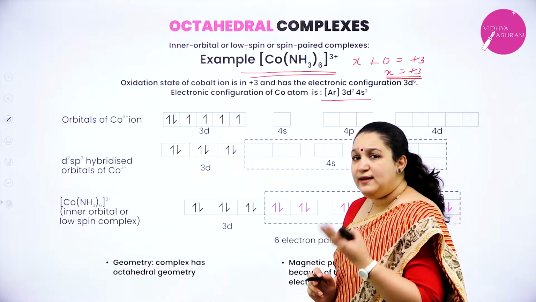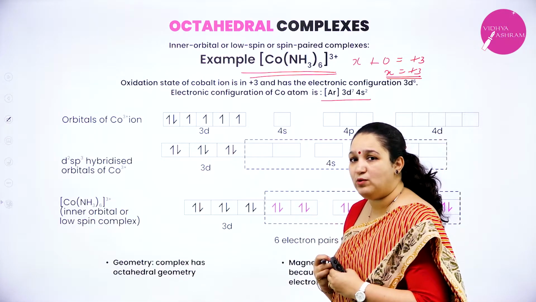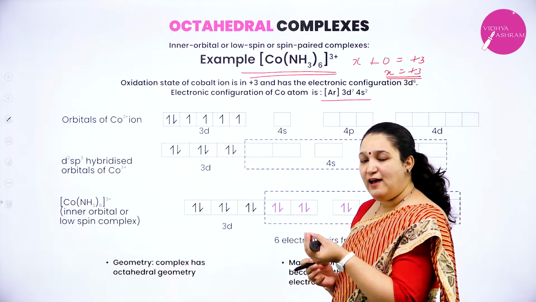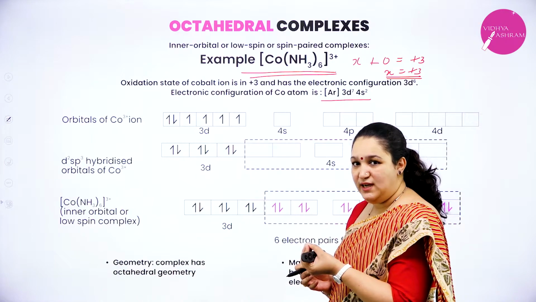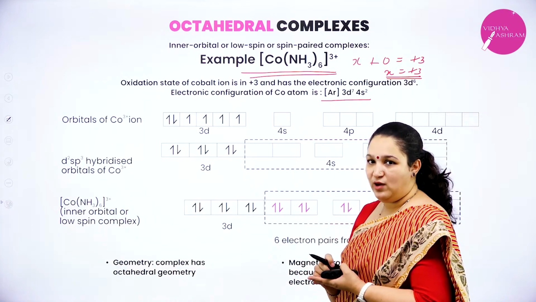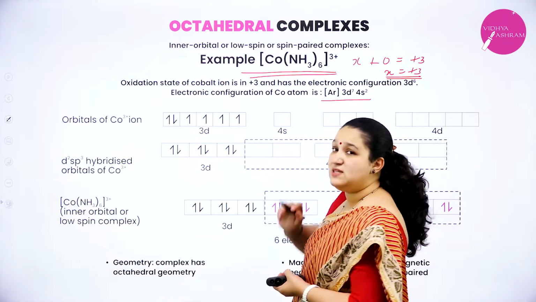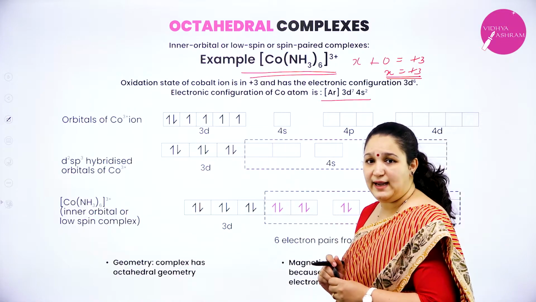Now, what is the next step? We have to talk about the hybridization. I have the central metal ion, cobalt in the plus 3 state. When the ligands approach this central metal ion, the ligand here is the amine ligand, which is a very strong ligand.